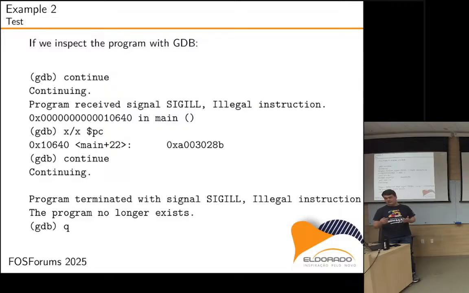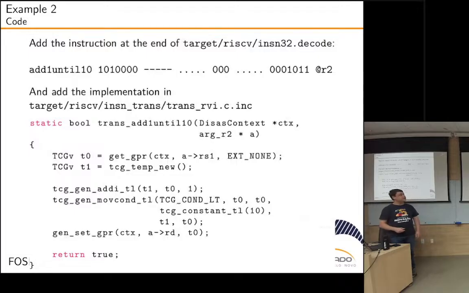That's the registers that were allocated by us, the 5 and the 6, with the correct shift and the OR with the mask. And if we continue, the program will be killed, because the signal was not handled. That's what we expect.